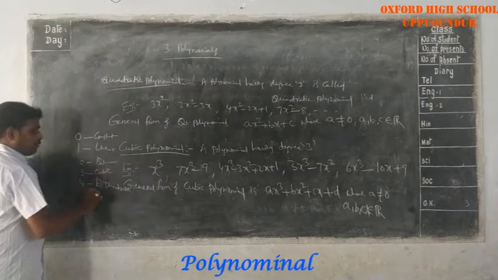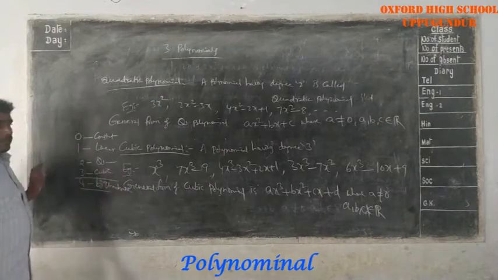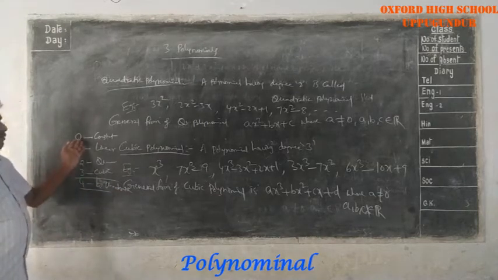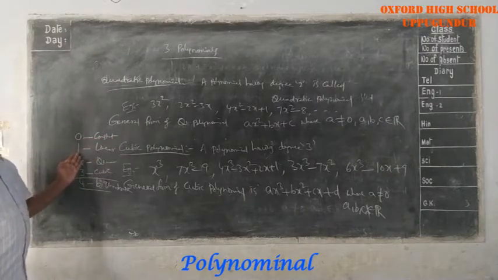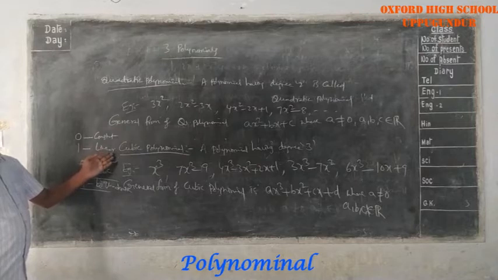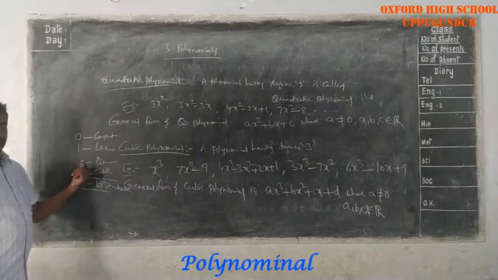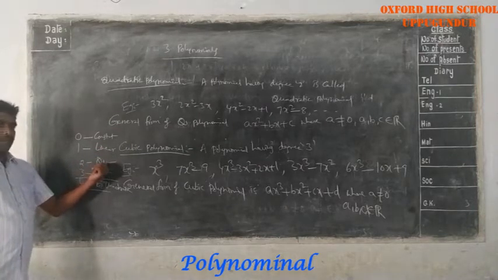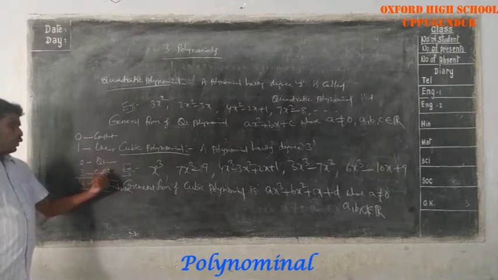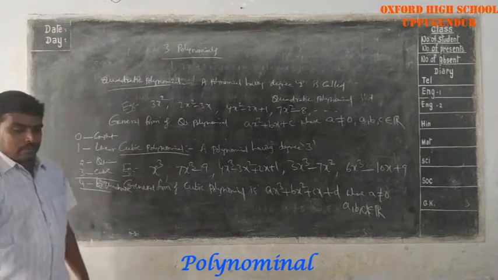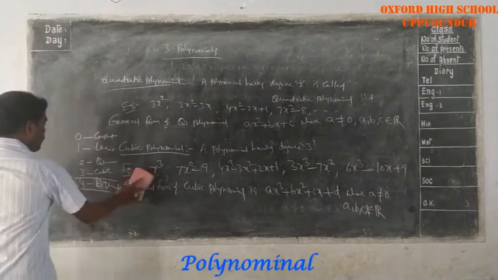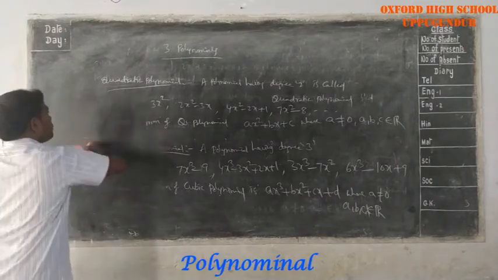No need to go beyond this; you can learn up to here. So if degree is 0, constant polynomial. Degree 1, linear polynomial. Degree 2, quadratic polynomial. Degree 3, cubic polynomial. Degree 4, biquadratic polynomial. So these are the different types of polynomials.